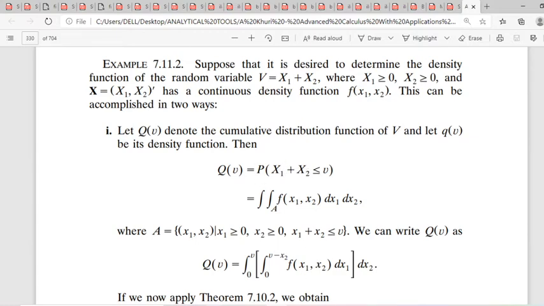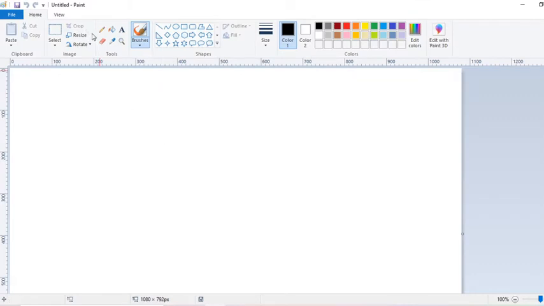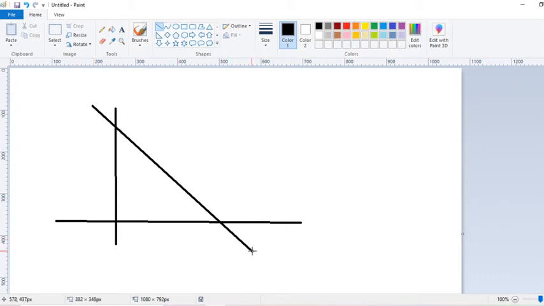You know the region x1 plus x2. What will be the line x1 plus x2? Suppose this is the x axis, this is the y axis. So x1 plus x2 equal to v will be some line like this.